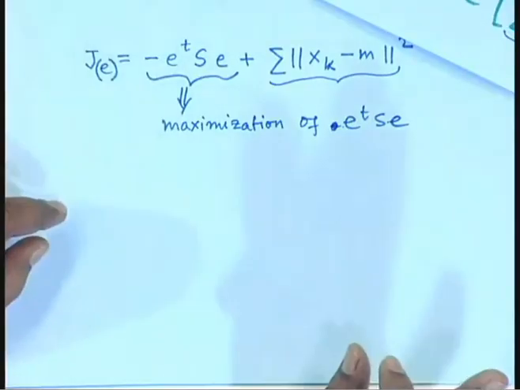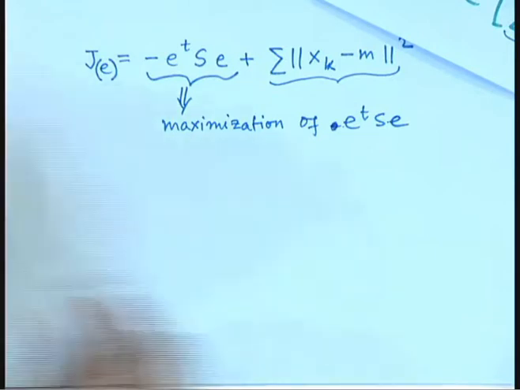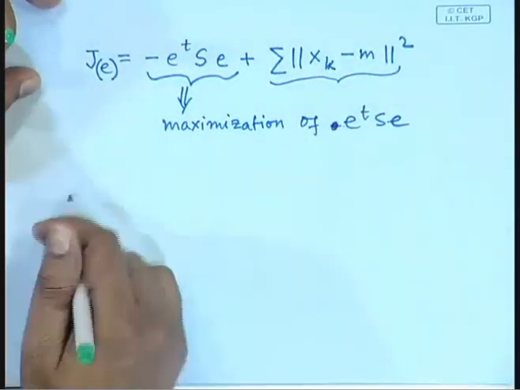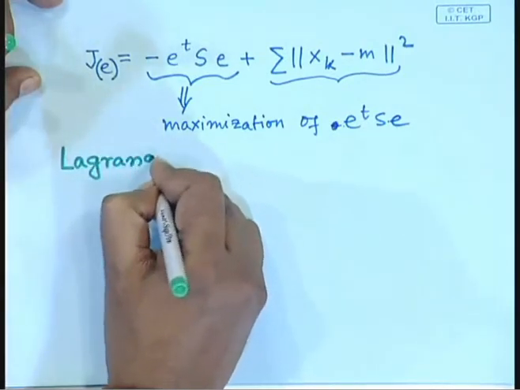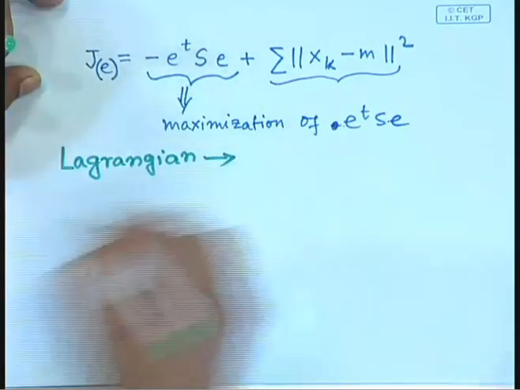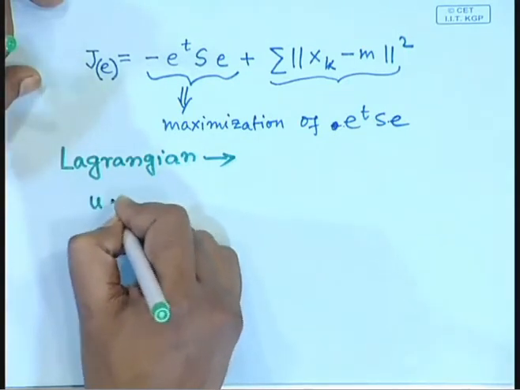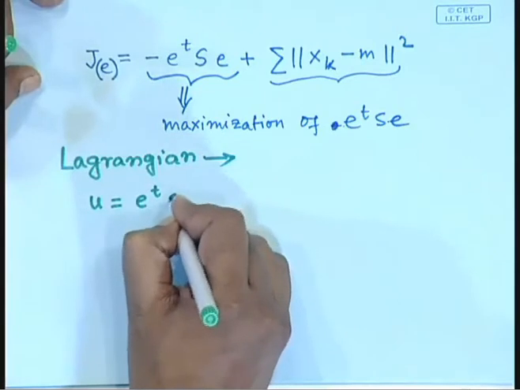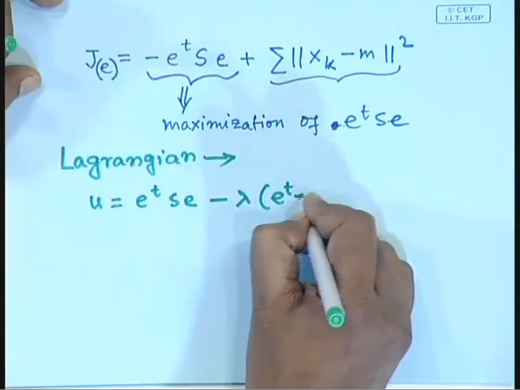Okay. So, what I have to look for is the maximization of this E transpose S E. And for this maximization, if I make use of Lagrangian, I can have an expression of the form U is equal to E transpose S E minus lambda (E transpose E minus 1).